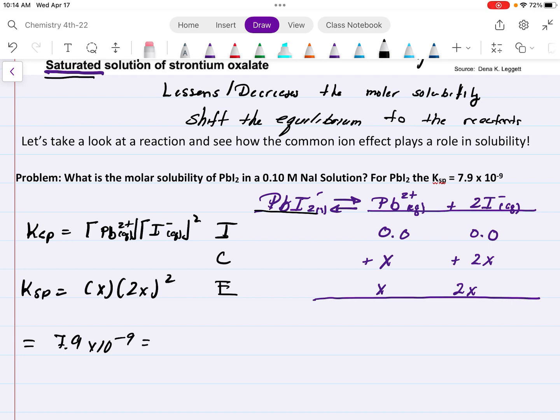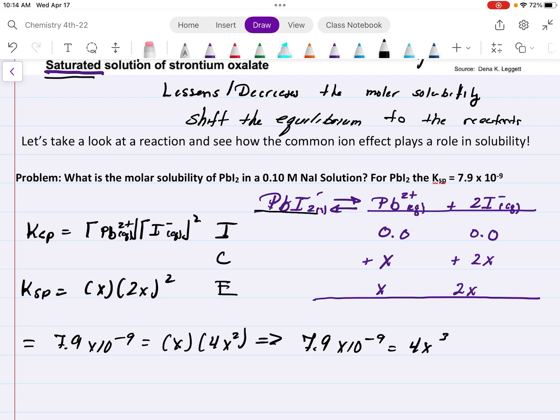That's going to be equal to x times 4x squared. Okay, if you multiply those together, we get 7.9 times 10 to the negative 9 is equal to 4x cubed.